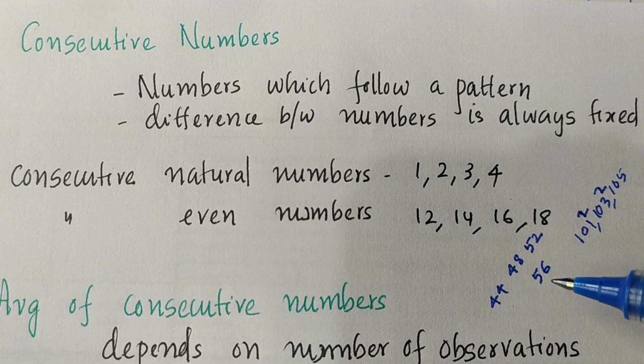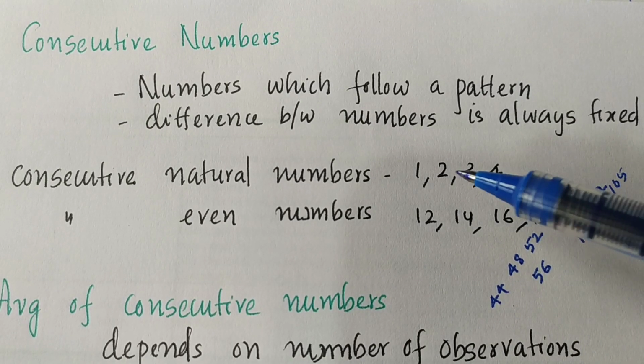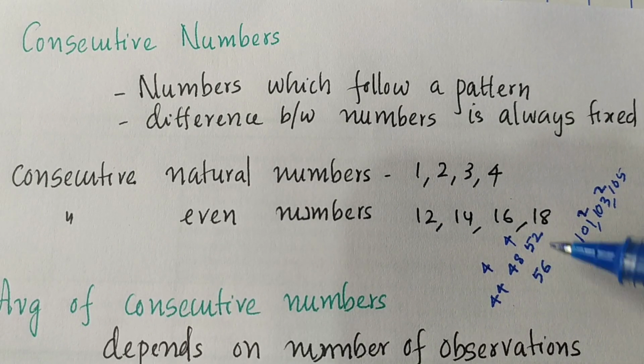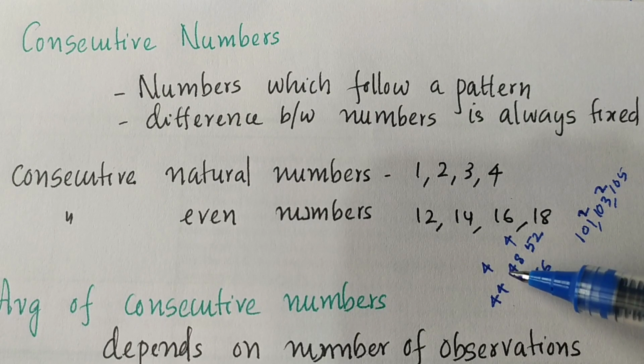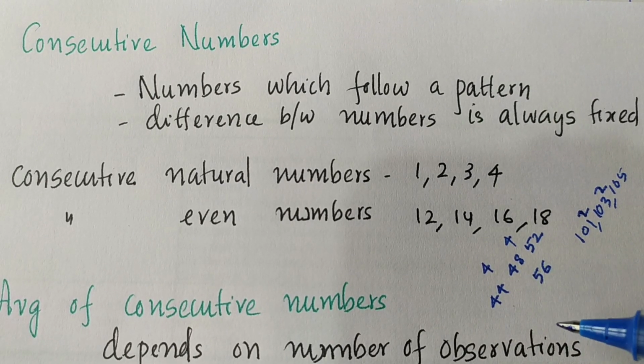So these are also consecutive numbers because it follows a pattern. And the difference between adjacent numbers is what? 4. So the difference between adjacent numbers is always fixed. That is, it is 4 here. So these are also consecutive numbers.